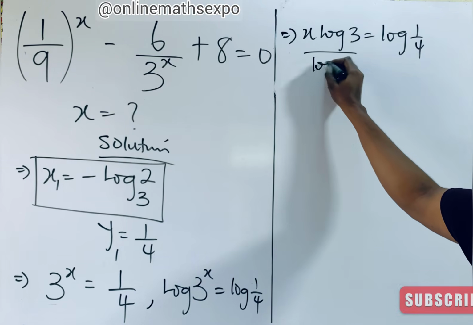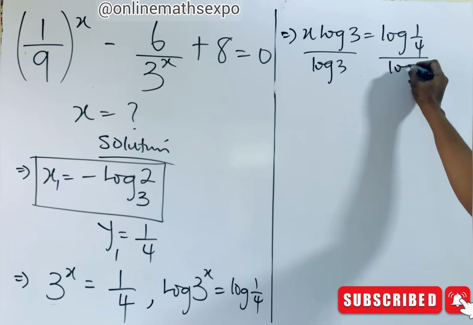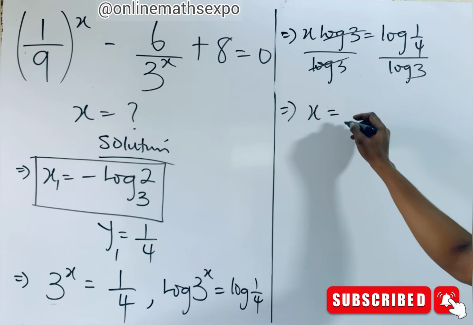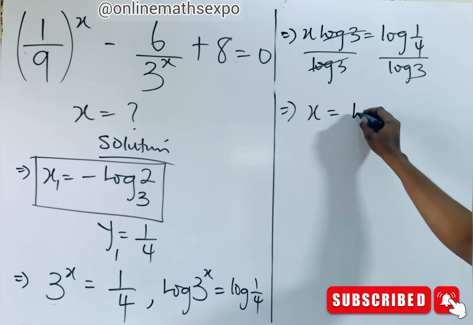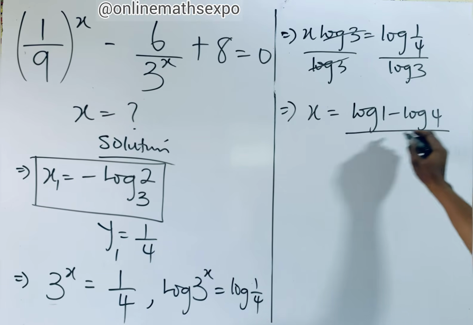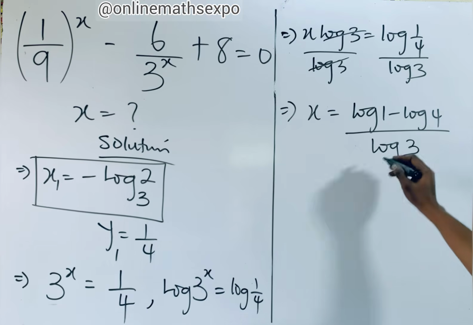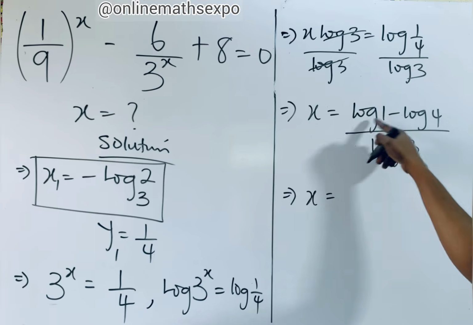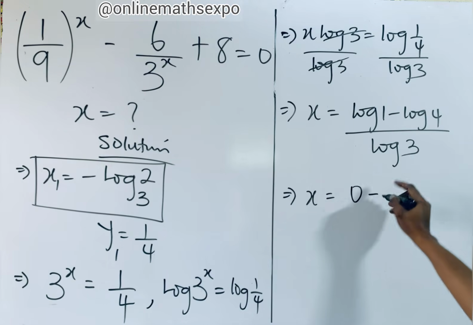Divide both sides by log of 3. This cancels. We have x is equal to log of 1 minus log of 4 divided by log of 3. Now, if you simplify, remember this is 0, so we have 0 minus.